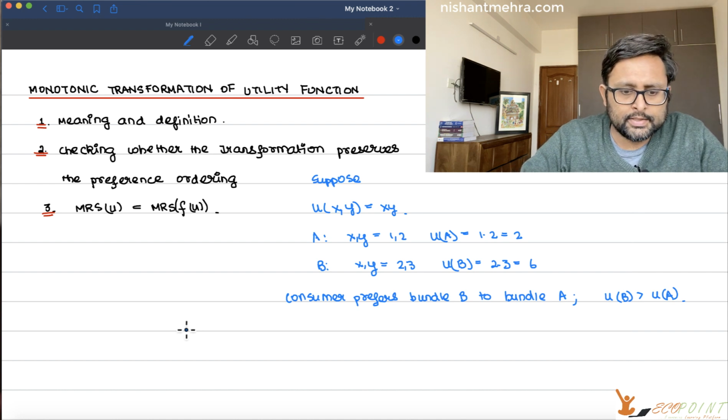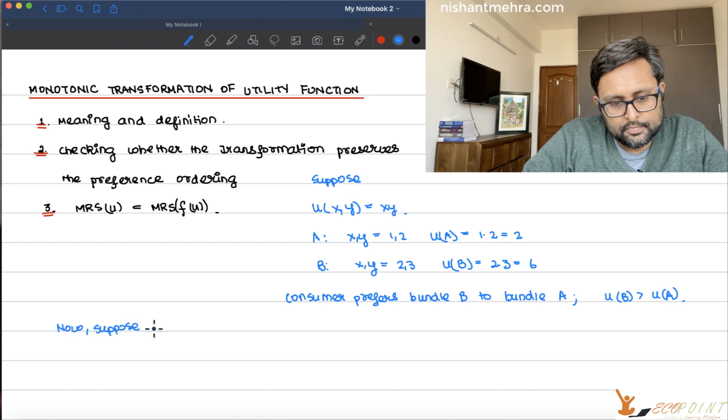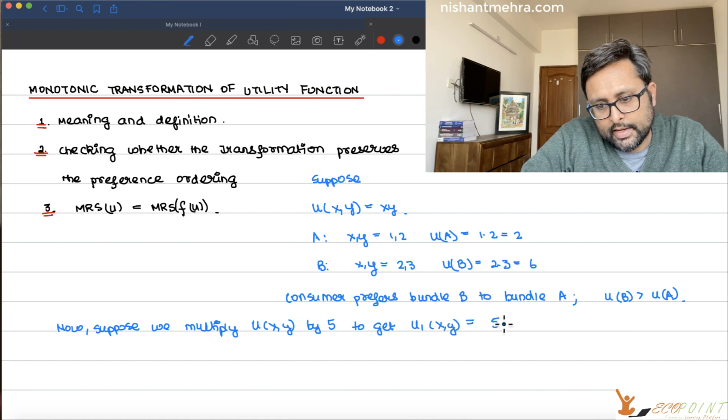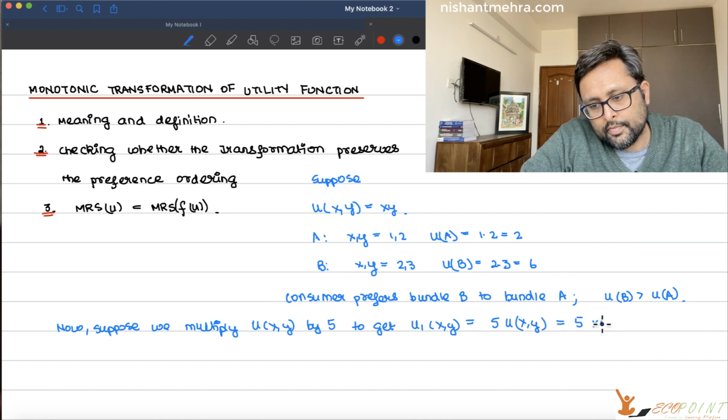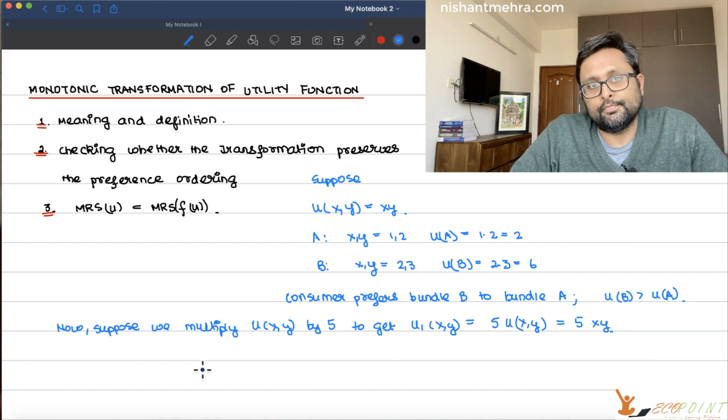Suppose we multiply u(x,y) by 5 to get u1(x,y) as 5u(x,y). That means 5xy. So we have transformed the utility, right?